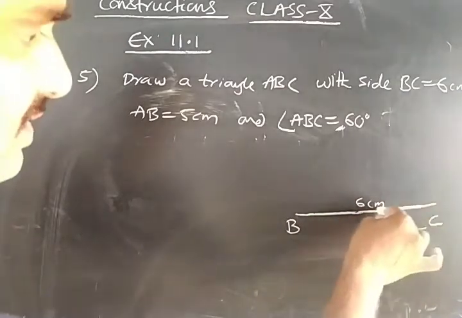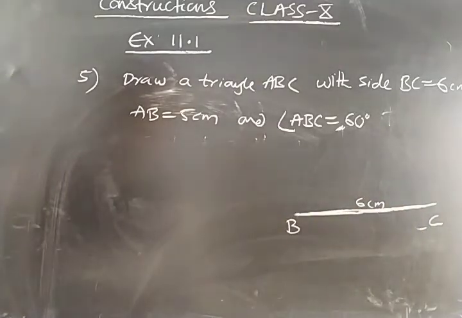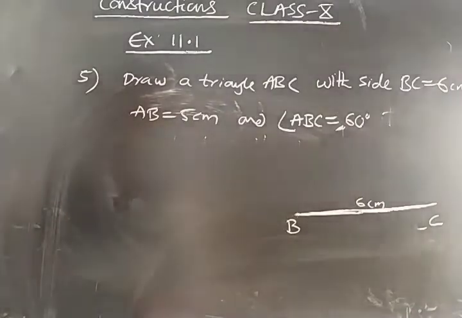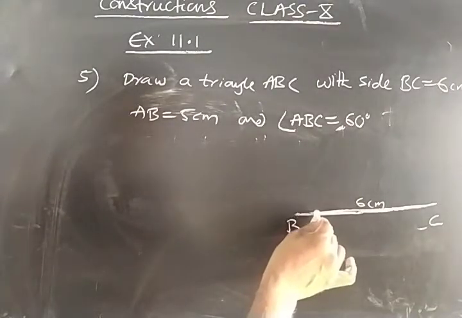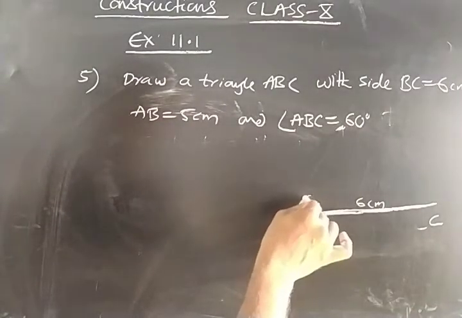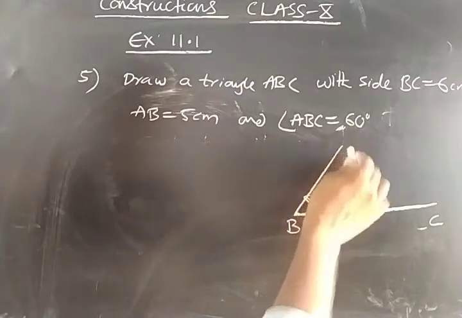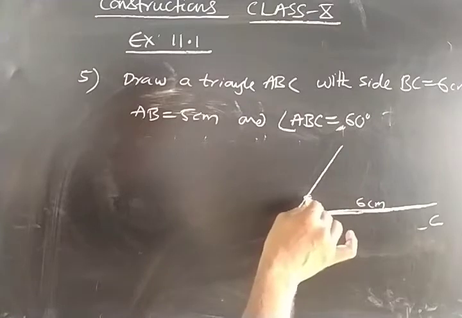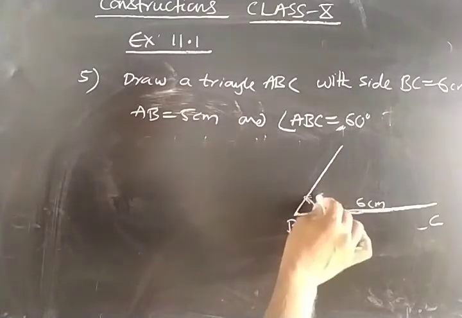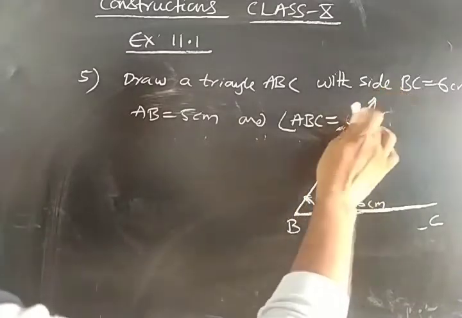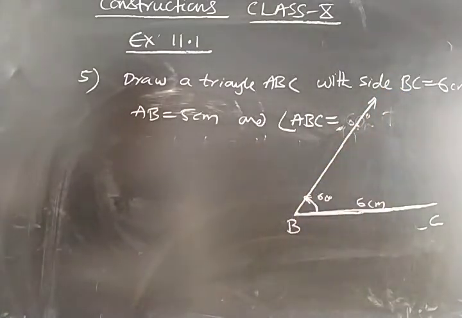So I draw BC side of triangle 6 centimeters. Next at B we have 60 degrees and AB length is 5 centimeters. So I am taking 60 degrees angle at B. So through B draw a ray, and that ray should make angle with BC as 60 degrees. Okay. So I draw one ray through B which is making 60 degrees angle.